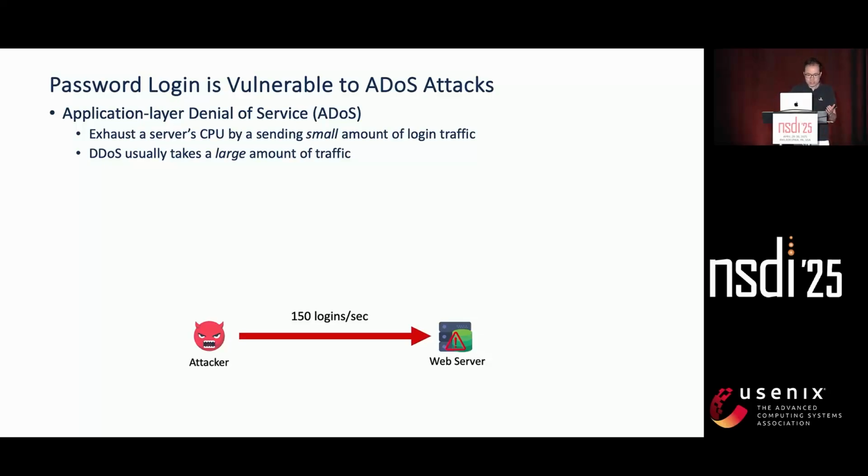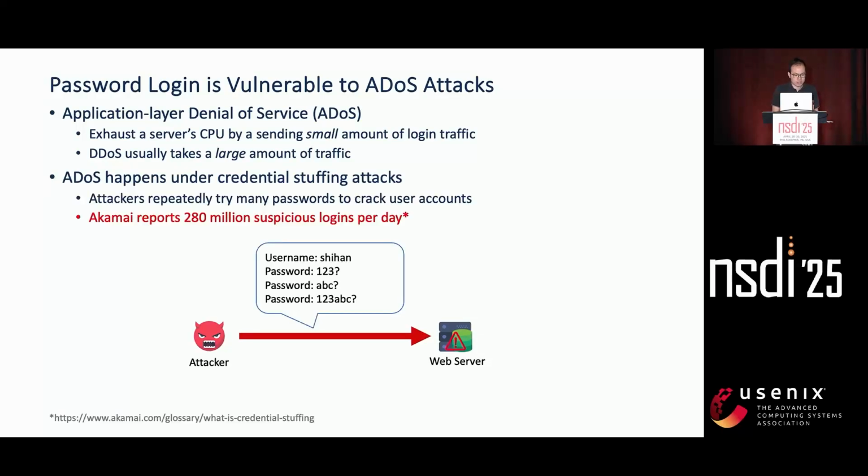ADoS attacks usually happen in the context of credential stuffing attacks, where attackers try many passwords to guess your password and crack user accounts. According to Akamai's report, there are about 280 million suspicious logins per day, which introduces a heavy load to web servers.